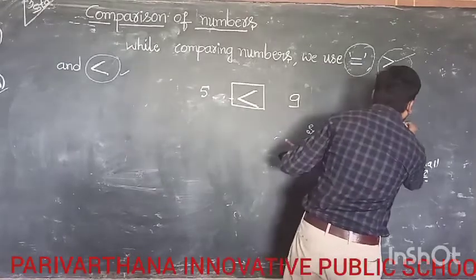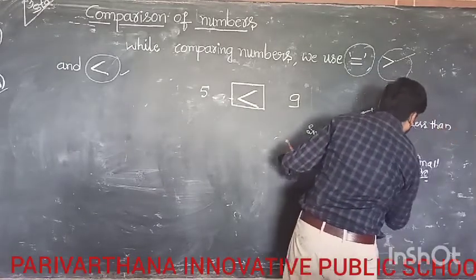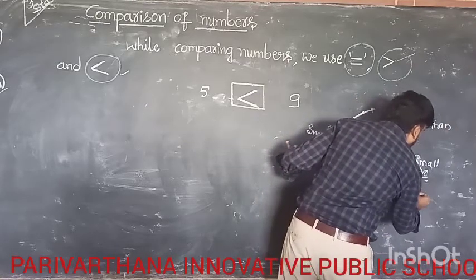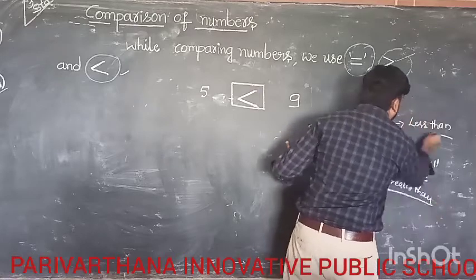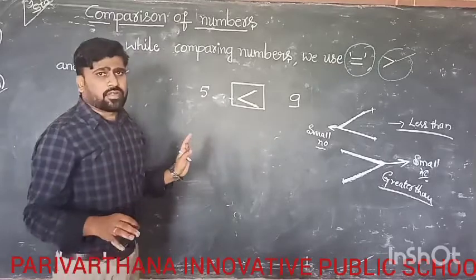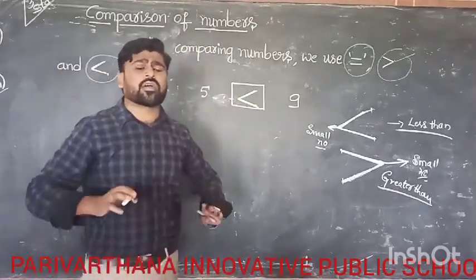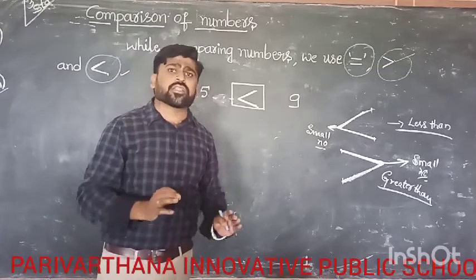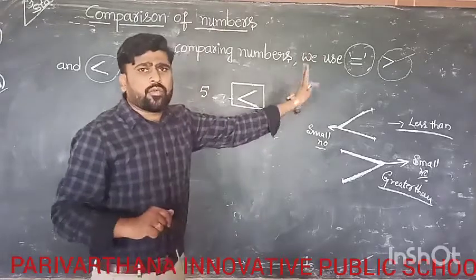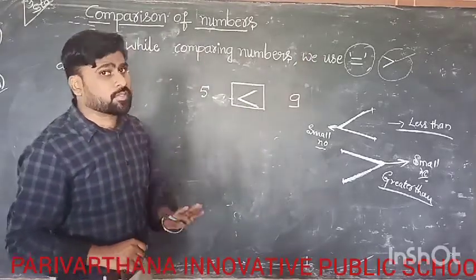Now this is less than, and this is greater than. Don't confuse them, just follow this trick. If you follow this trick, you can neatly understand how to put the symbol in comparison of numbers. Equals is very easy: when two numbers are the same, we use equals.